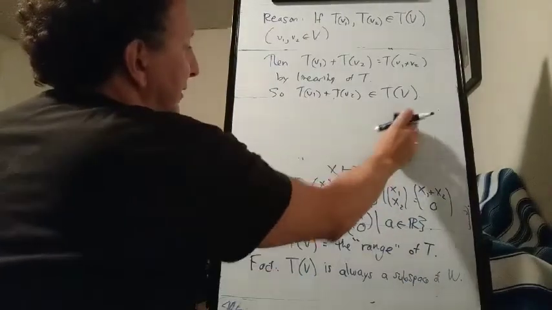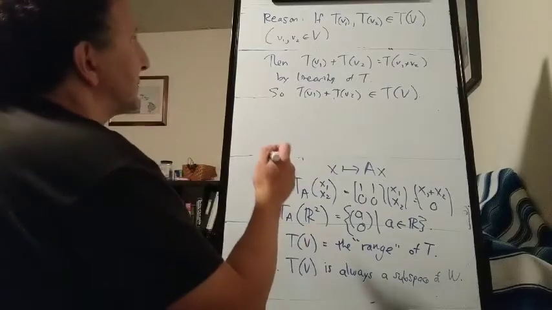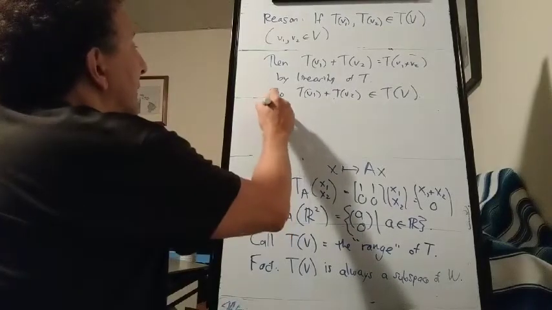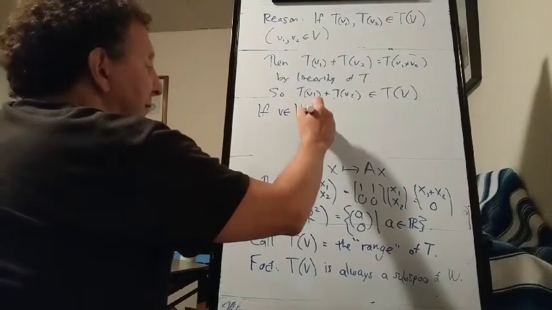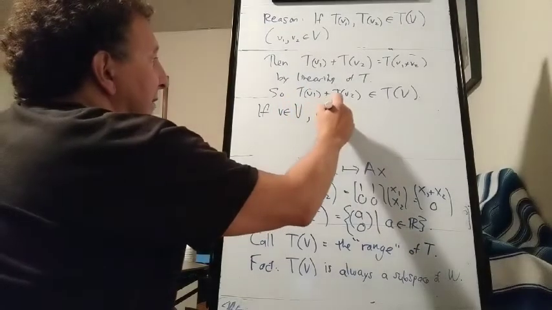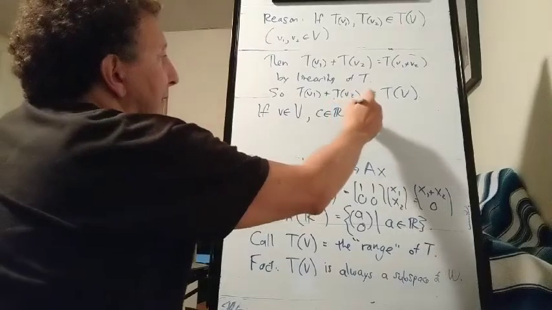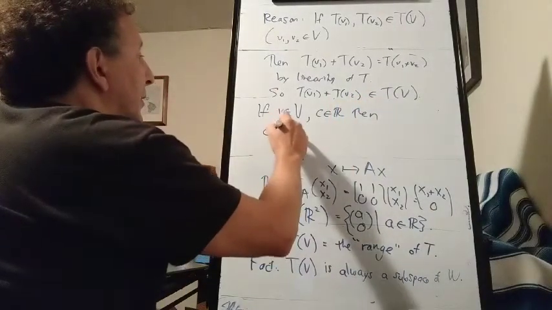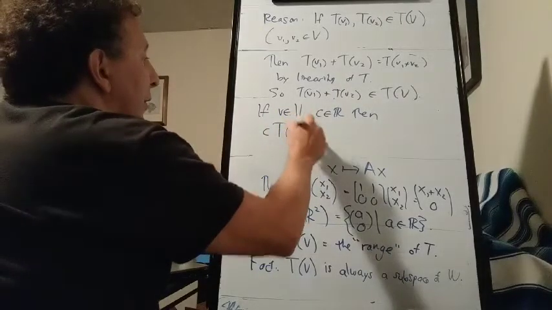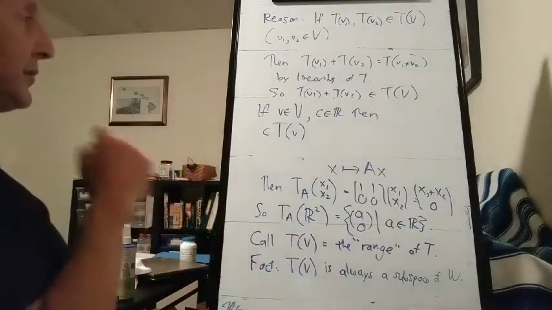Now let's check that it's closed under scalar multiplication. So if V is an element of the vector space capital V and C is a scalar, then what do we know about C of TV?